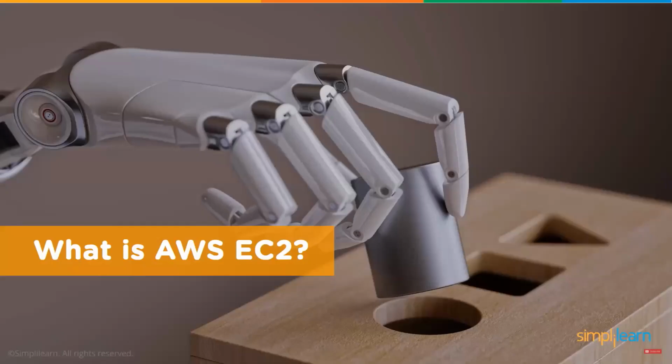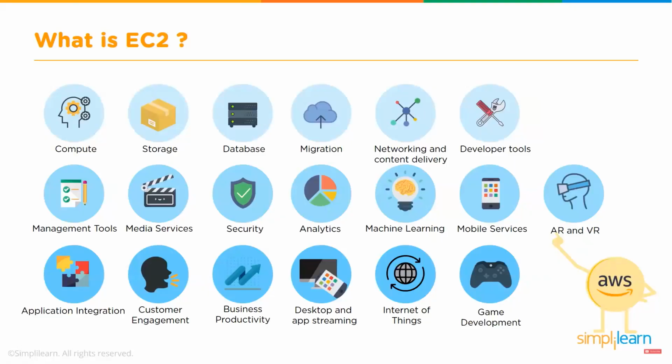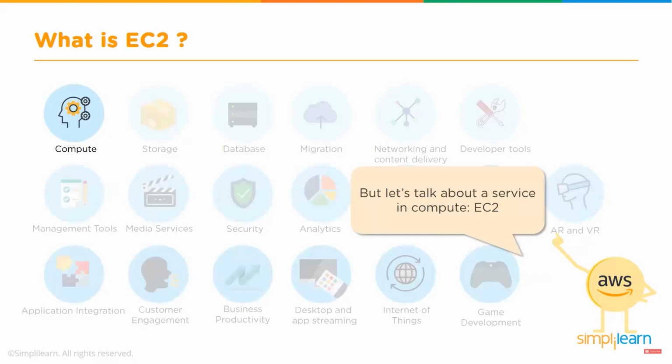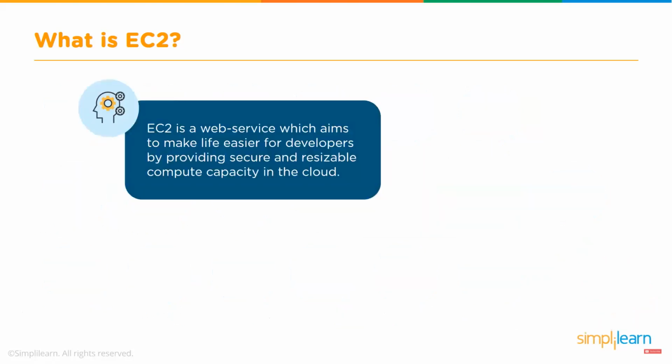And now I think it would be a good time to talk about what EC2 is. AWS offers plenty of services under different domains like compute, storage, database, migration, network, management tools, media services, security, business productivity, application integration, machine learning, game development, and a lot more coming up, out of which EC2 falls under the compute category. So what is EC2?